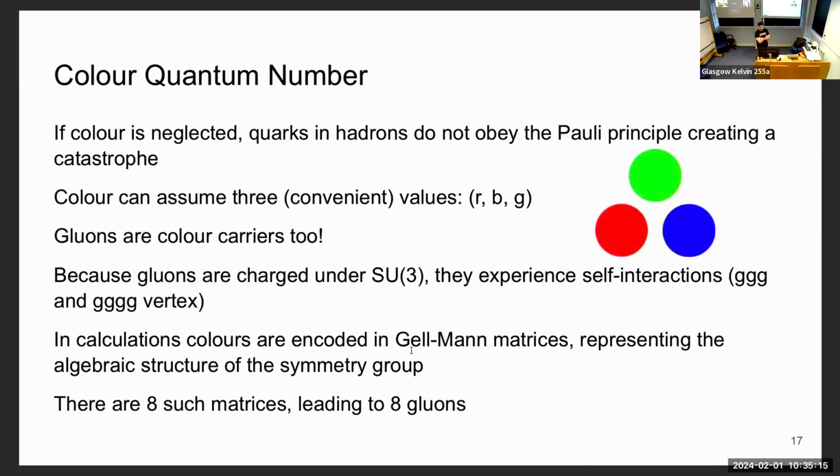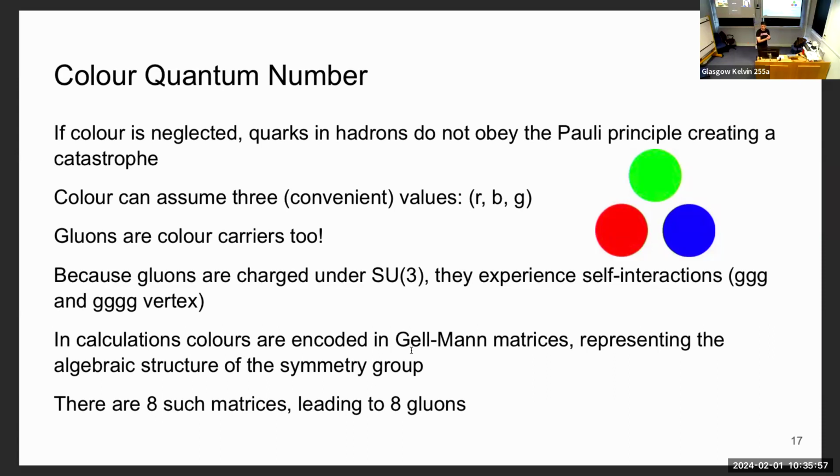And indeed, if you consider color, which can take 3 convenient values, RGB, and if you introduce the fact that gluons are also carrying this color charge, let's call it this way, and plug it back into the SU3 group theory, that means that they can also experience self-interaction. That means that a gluon can split, for example, into a pair of quarks.